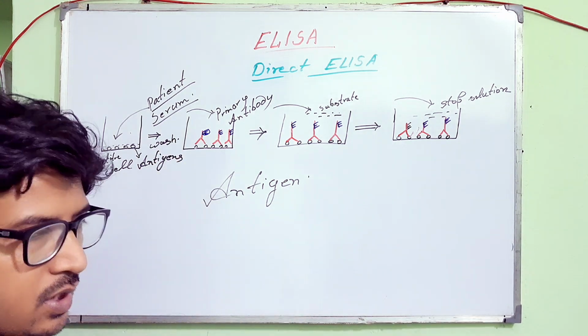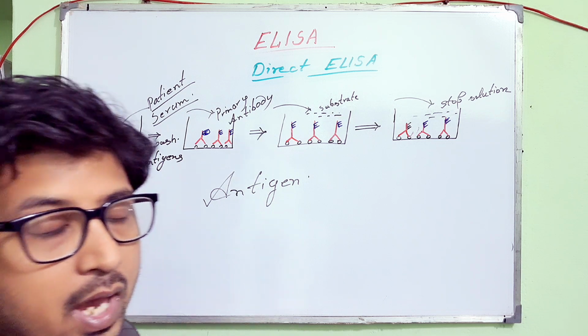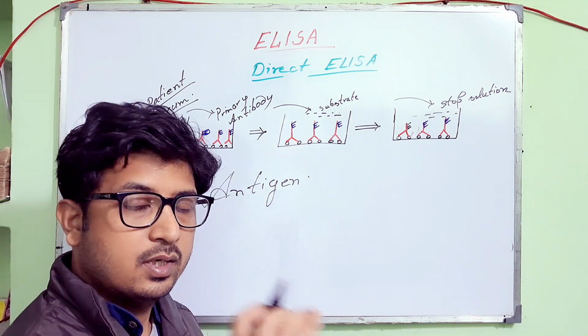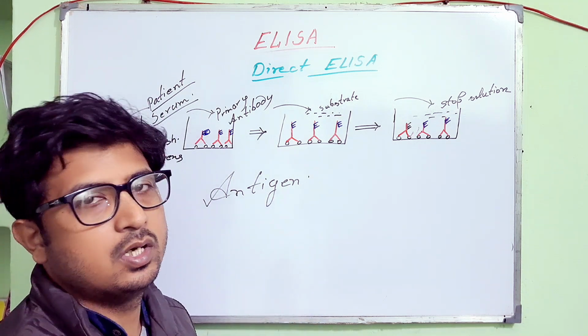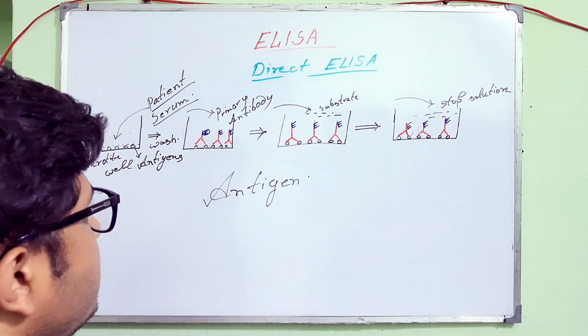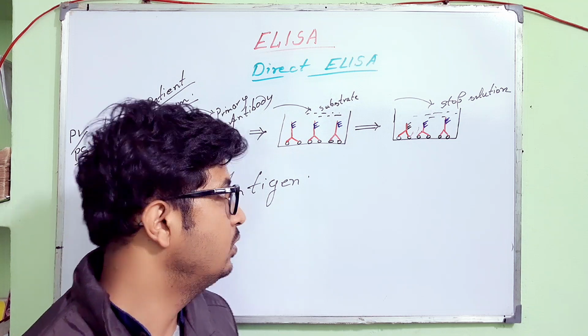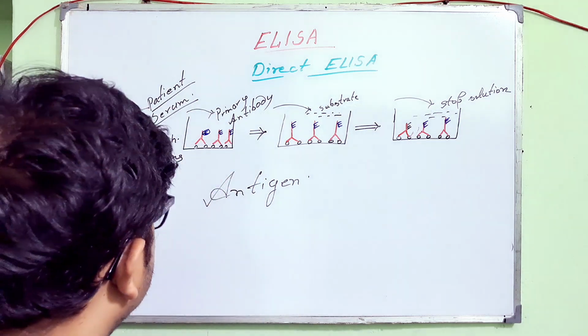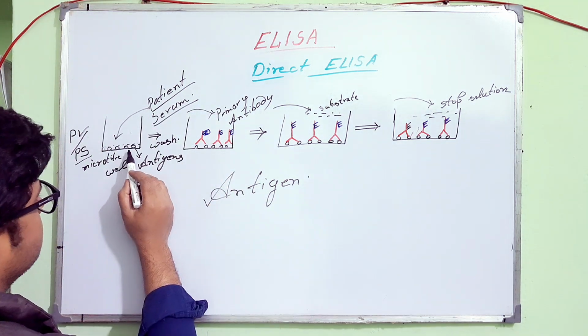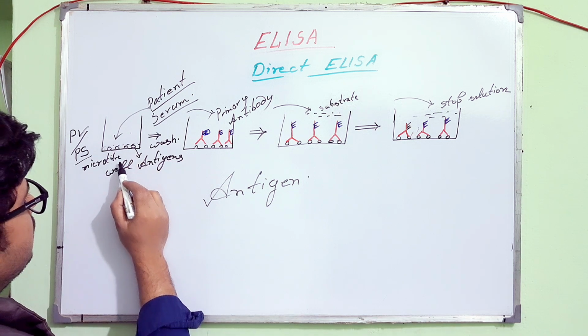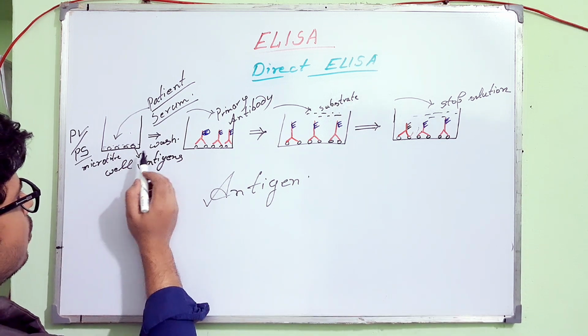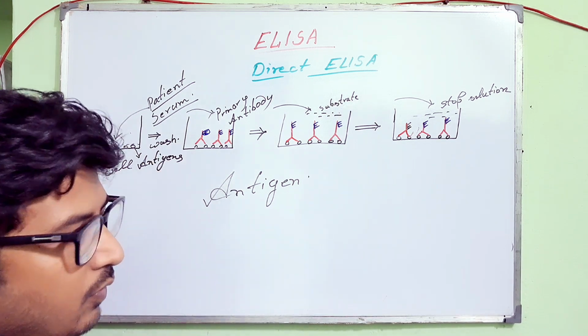So after each incubation period, you have to wash the microtiter wells very carefully. Otherwise, it will give you a false negative or false positive result. I will tell you why and how. Suppose after overnight incubation, you are not washing the wells.